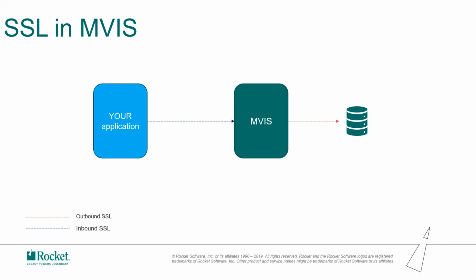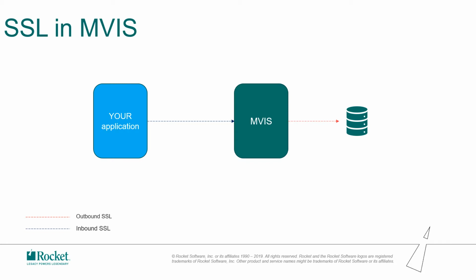So what do I mean by outbound SSL? Outbound SSL is any communication happening from MVIS to the outside world, and in this case the database has to be secured, and that feature is already there in 1.2 and in 1.3 also.